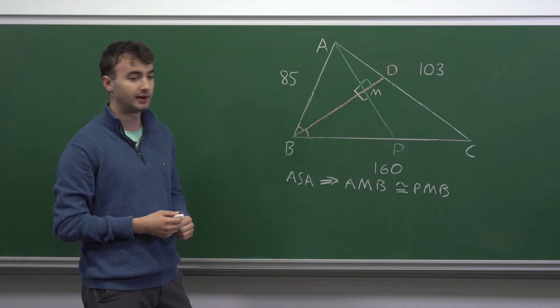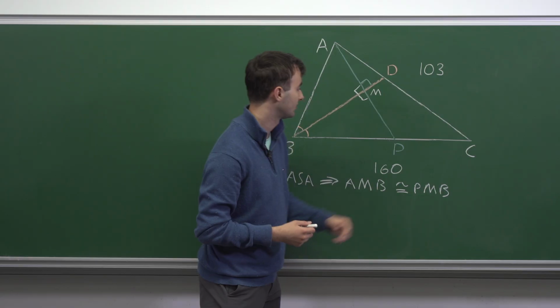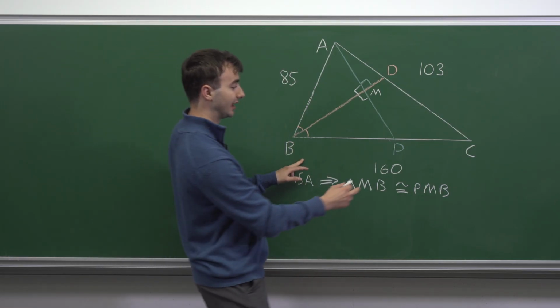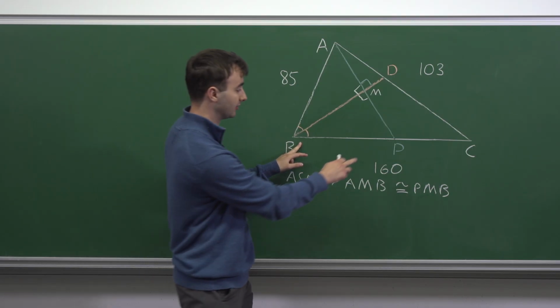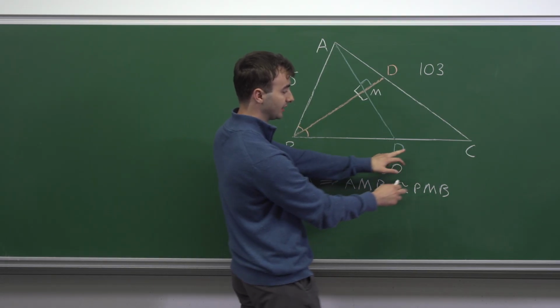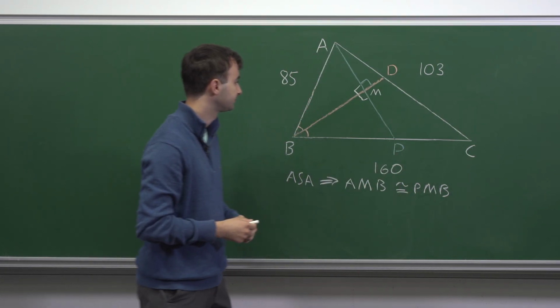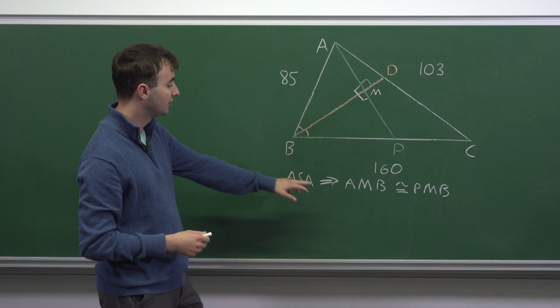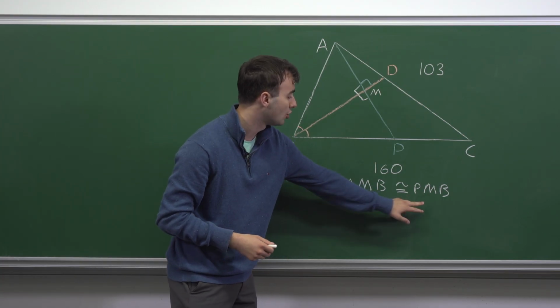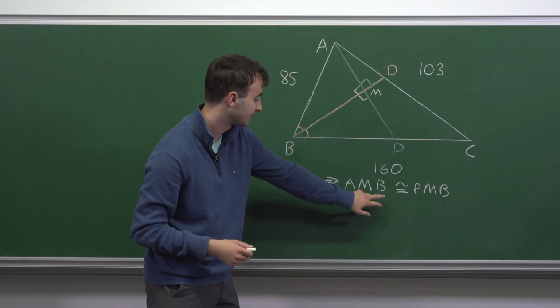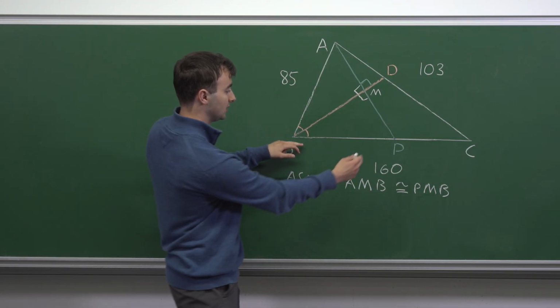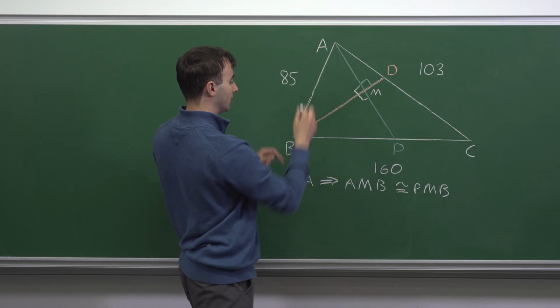We're also asked to find the length of PC. Now, we already know the length of BC, that's 160. So if we can find the length of BP, then we can also find the length of PC. Again, using the fact that these two triangles are congruent, the length BP is the same as the length BA. So this length and this length are equal.